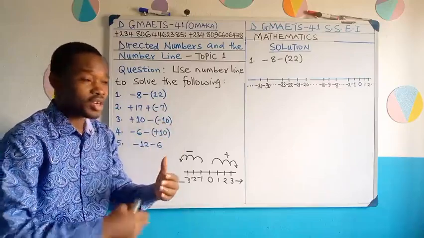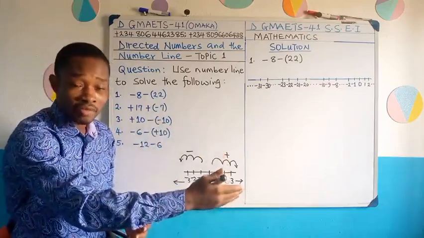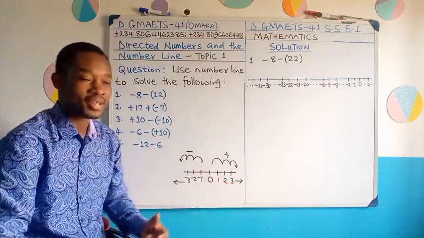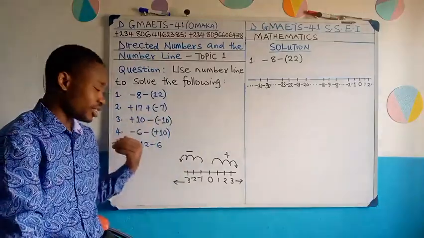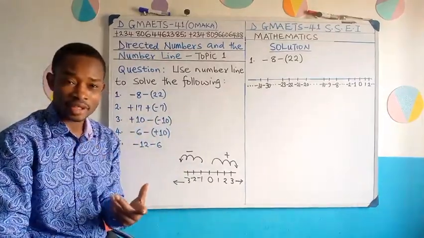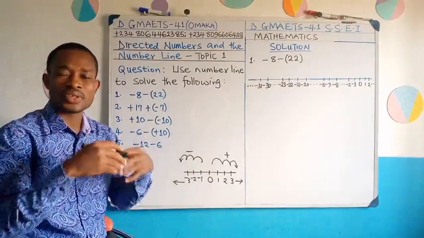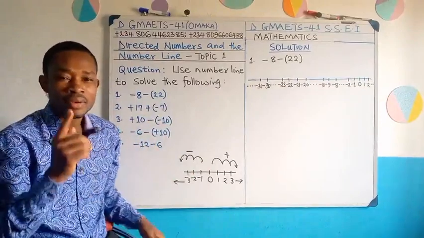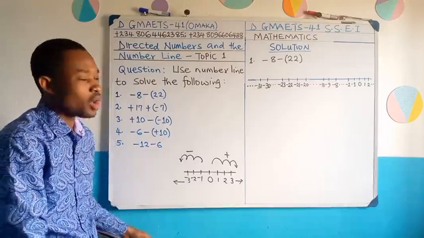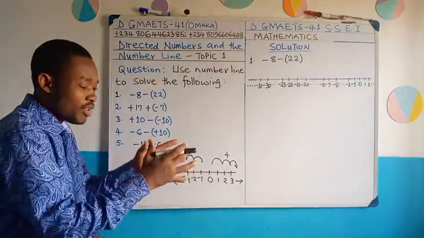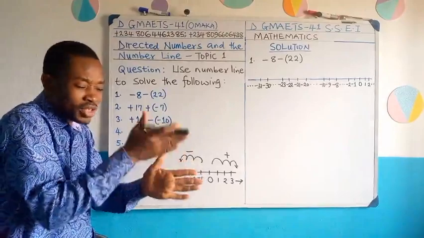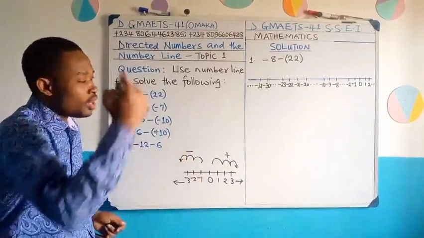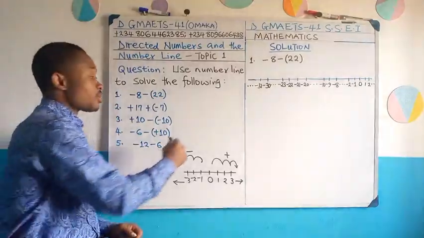If you see plus, the direction is towards the right of the number line. If you see minus, the direction is towards the left of the number line. So, since directed number is all about plus, minus, what should we know when plus and minus are arranged such that they follow each other immediately? There is no sign, no number between them. Let us look at them, please. You copy these also into your notes.